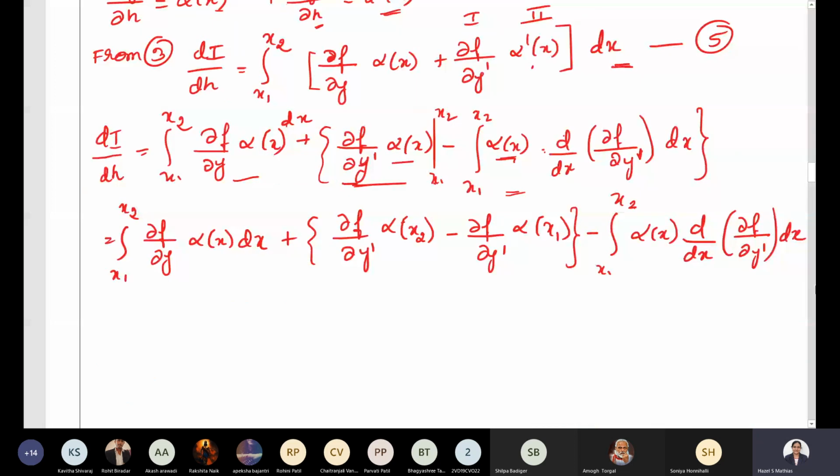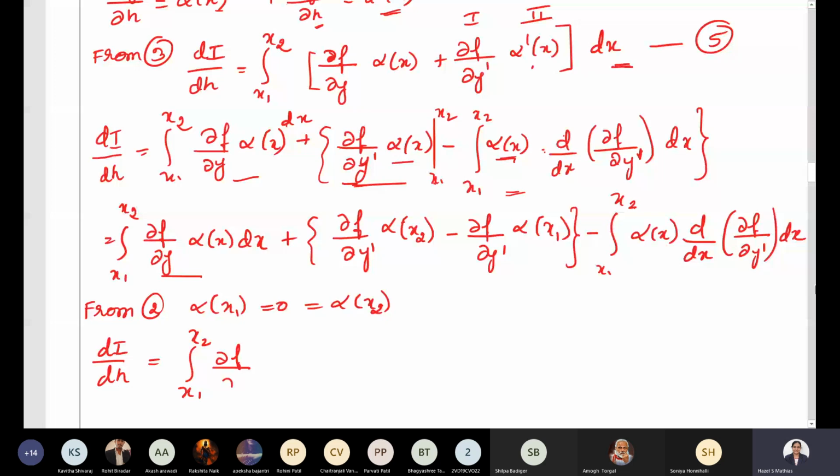So from 2 we have alpha of x1 equal to 0 and alpha of x2 equal to 0. When we substitute this in the above integral, what do we get? dI/dh is equal to the integral x1 to x2. The first term, ∂f/∂y times alpha of x dx, will remain as it is, but the boundary term with alpha of x1 equal to 0 and alpha of x2 equal to 0, this entire term will be 0.